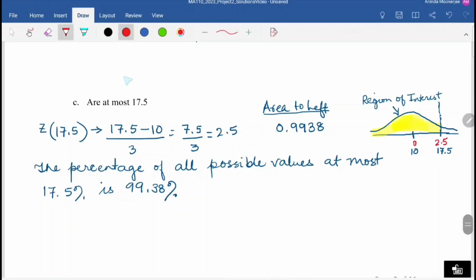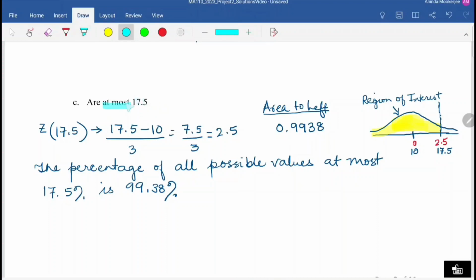It says we have to find the percentage of values that are at most 17.5. Now, what does at most mean? At most means 17.5 is the upper end. It's the highest value. It can be less than 17.5, but it cannot go higher than 17.5.